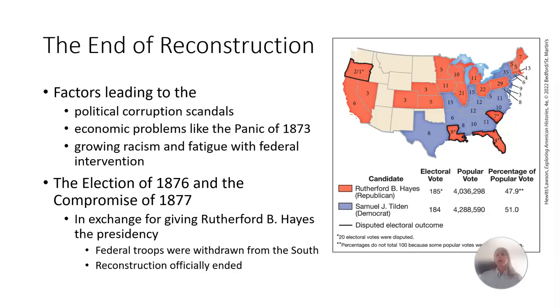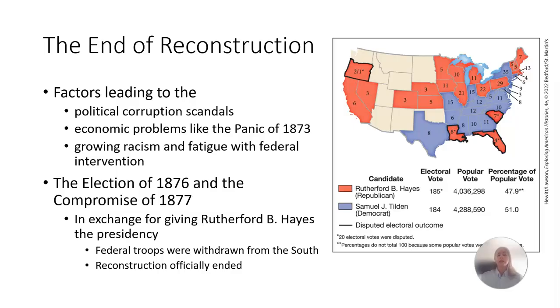And what that means is we don't have Black activism anymore. We don't see a lot of Blacks participating in politics and holding office after 1877. So what does Reconstruction show us? Well, it shows us that freedom is not the same as equality. Laws alone do not guarantee justice, and political decisions shape who benefits from rights.